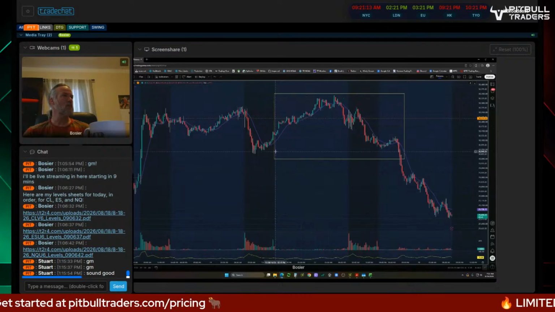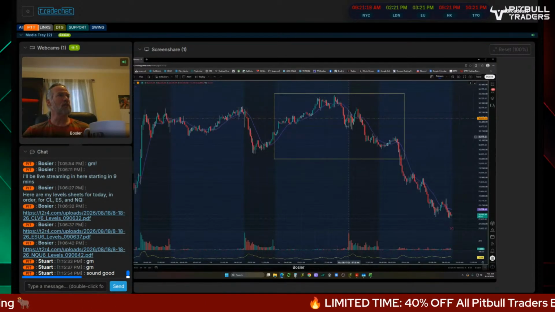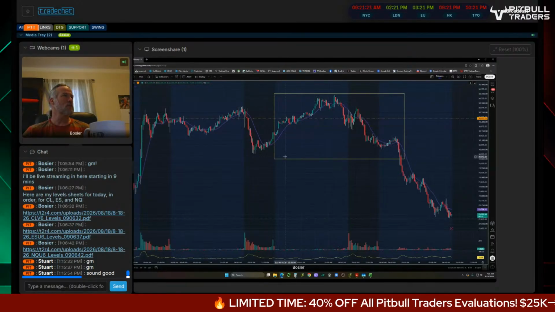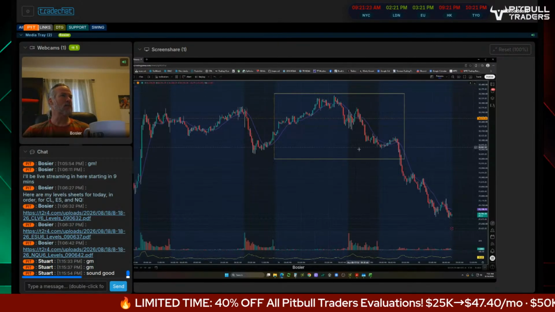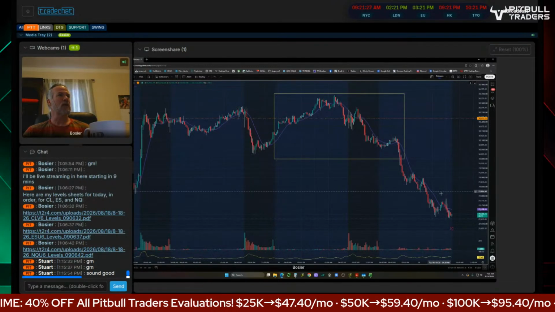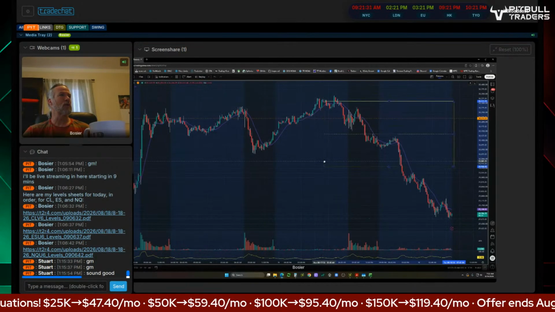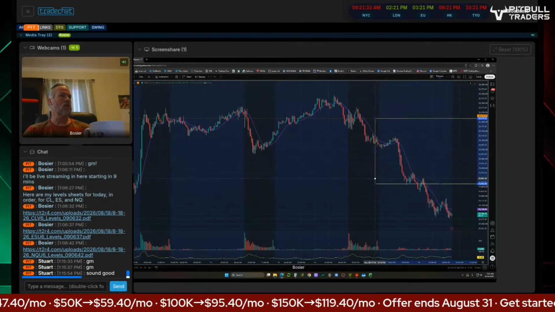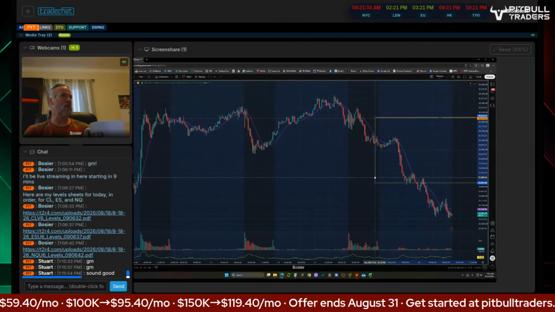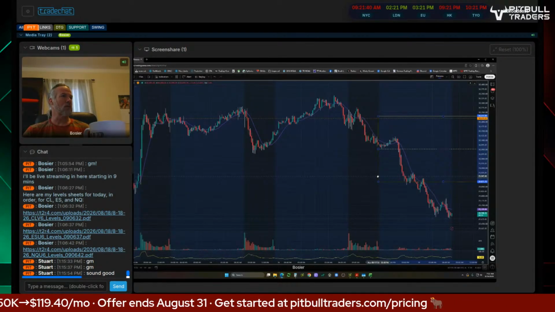Nice trending action off that overnight high prior to yesterday's session. Nice follow through in the overnight here. I mean, that's a beautiful downtrend. So does it have more room to go, or is that enough of a little correction here?